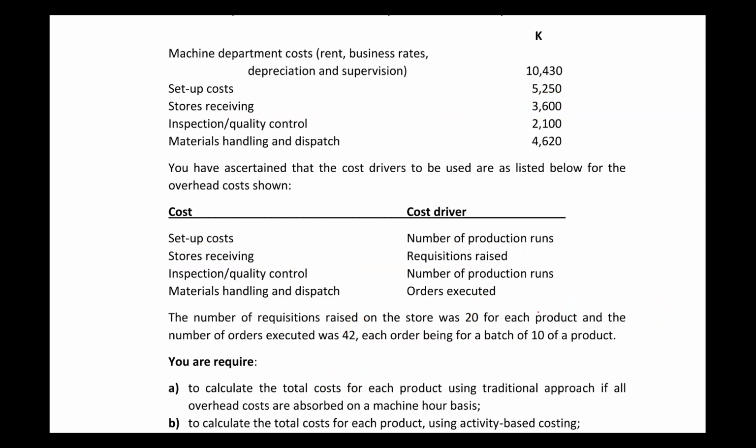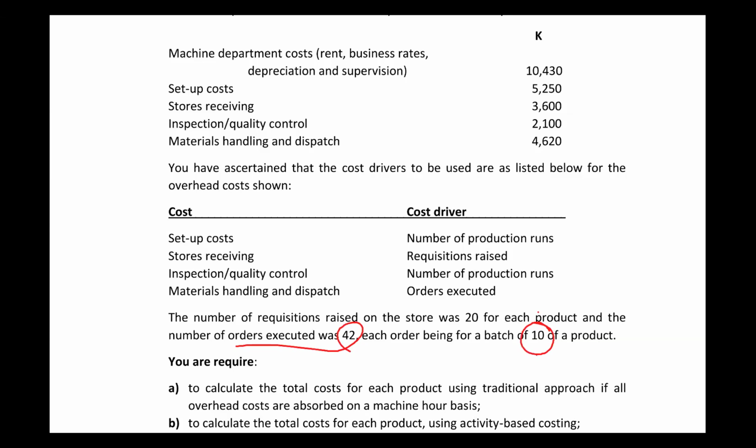Let's go ahead and look at the other information. It says that the number of orders executed was 42. Now, each order being for a batch of 10 units of a product. So to find the actual number of orders that were done, you have to know that in total there were 42, but each of them was made up of batches of 10.